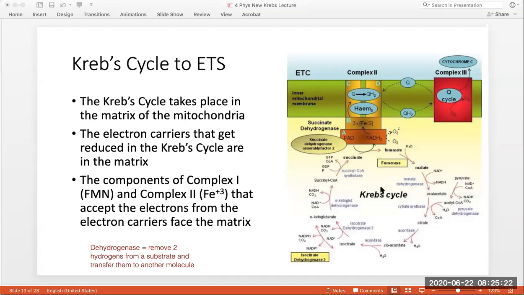The electrons that are going to be transferred from NADH plus H plus are going to get transferred to FMN, which is part of complex 1. The electrons that are getting transferred by FADH2 are going to get transferred first to iron of complex 2. And then from either complex 1 or complex 2, the electrons are going to get transferred to complex 3, then complex 4, and then finally to oxygen.